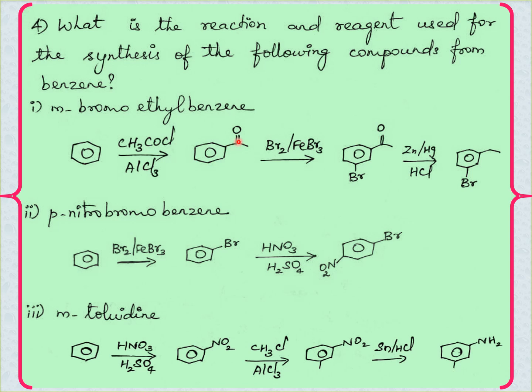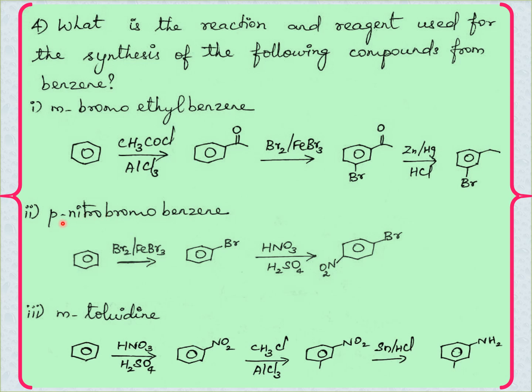So we obtained meta-bromoacetophenone, and on further Clemmensen reduction it gives meta-bromoethylbenzene. So like this we can prepare an alkylbenzene through an acylation reaction, but not direct alkylation, because it could lead to polyalkylation.